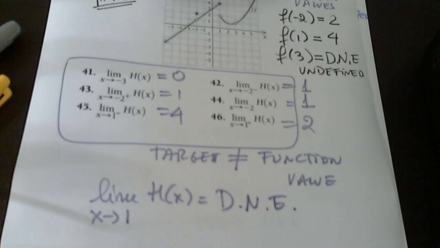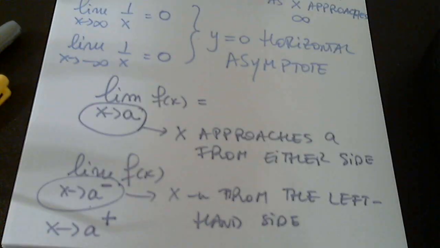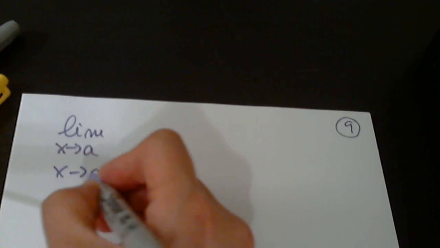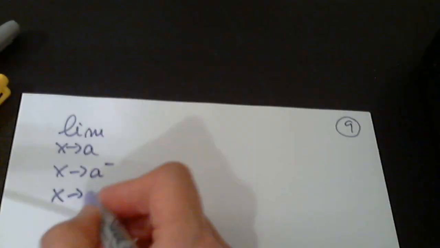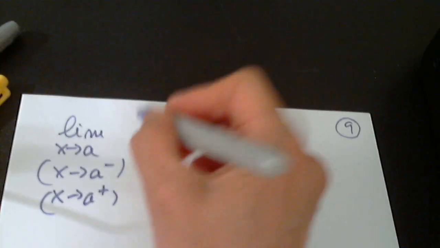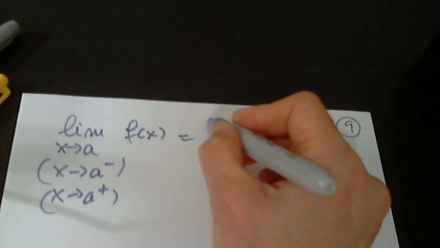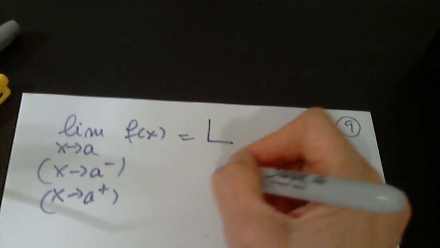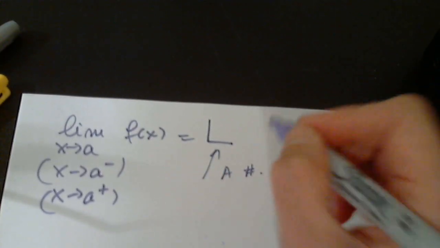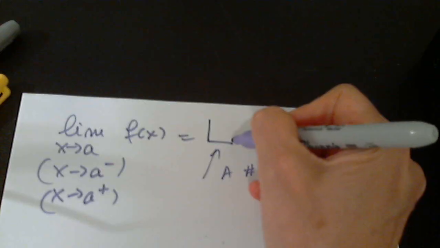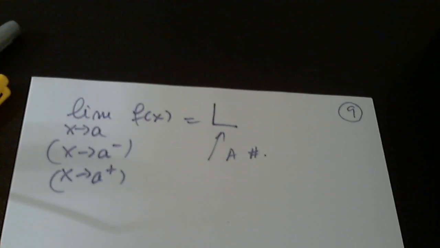So what have we learned so far? Here's what we have learned. Limit as x approaches a, from either side, or from the left, or from the right, doesn't matter, of f of x is a number L. If you cannot give a number, the limit does not exist.